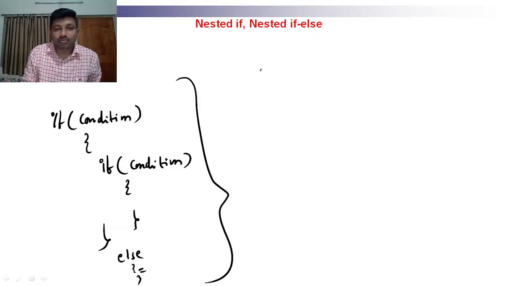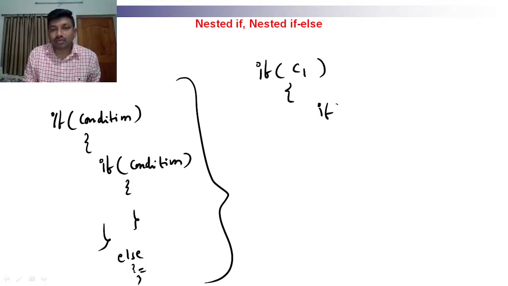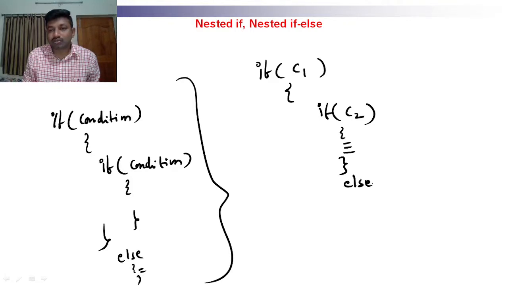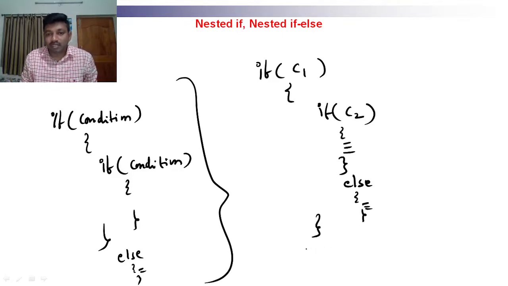Or sometimes you may execute an if condition, say condition C1. Within that you want to execute condition C2. Fine. And if condition C2 is false, you may execute the else for condition C2. Or else, if condition C1 itself is false, then you may execute the else block.